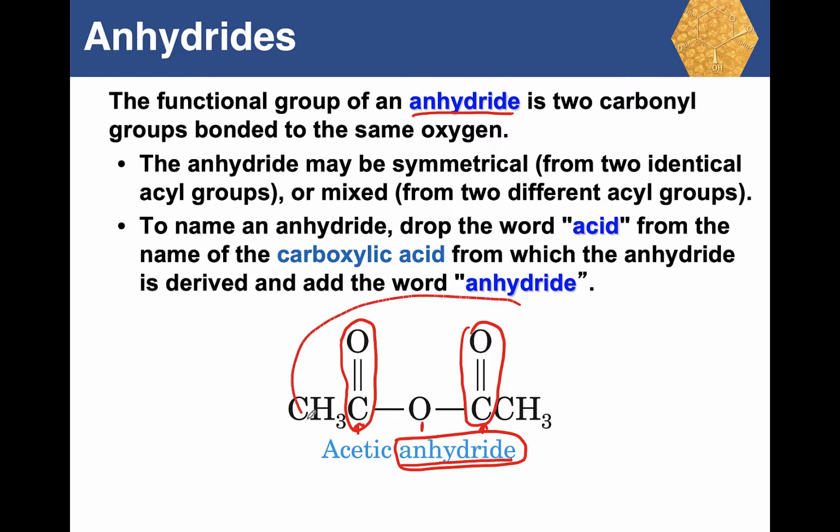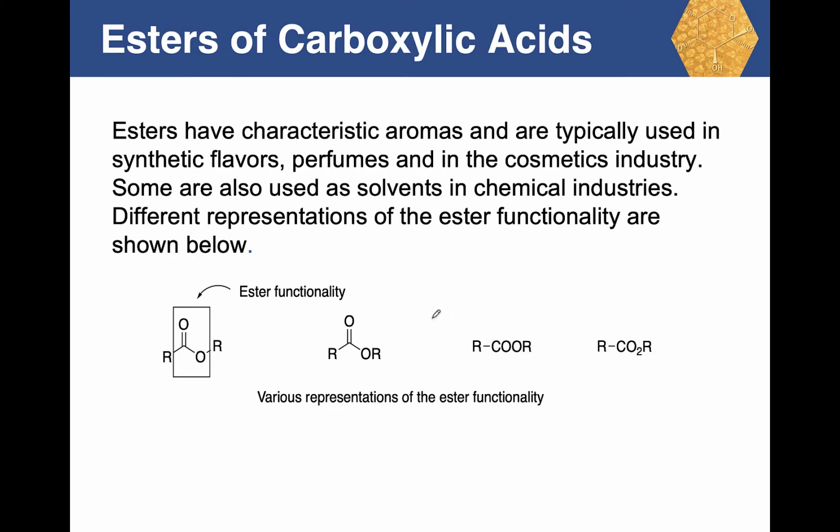This is the basic structure of anhydrides with the functional group right here, where the two carbonyls are bonded to an oxygen and an alkyl group. They're very reactive compounds in organic chemistry, so they're very useful for synthesis. But let us concentrate on esters.